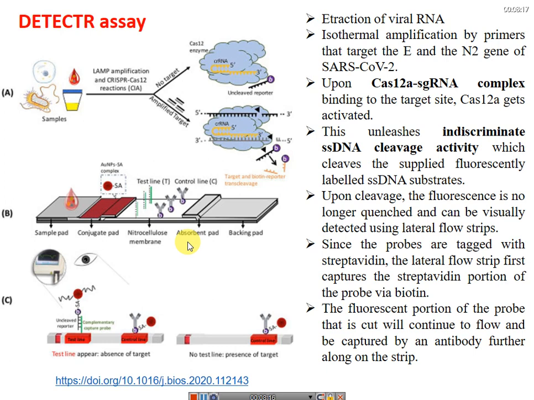Okay, and since the probes are tagged with streptavidin, see here we have a probe that is labeled with streptavidin. The lateral flow strip first captures the streptavidin portion of this probe via the biotin that we have here on the reporter, and the fluorescent portion of the probe is then cut and flows further and can be captured by the antibodies along the strip.